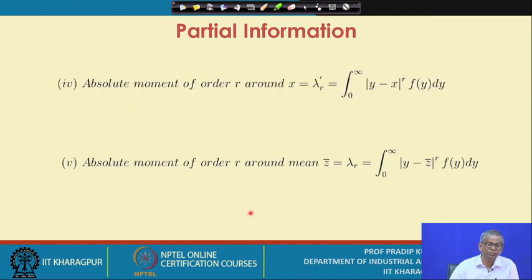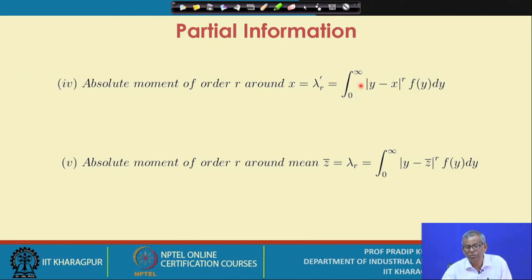Next, we go for defining the absolute moment of order r around x. The standard notation is lambda subscript r dash.